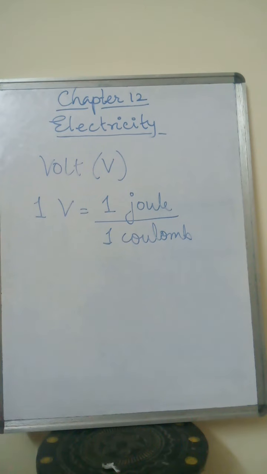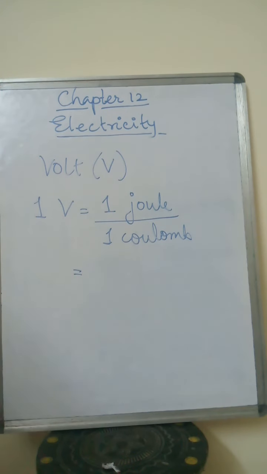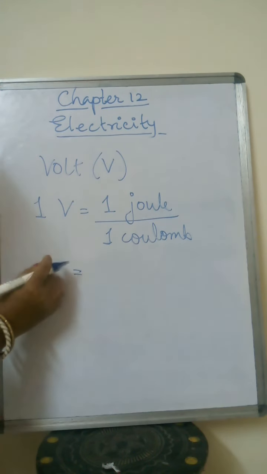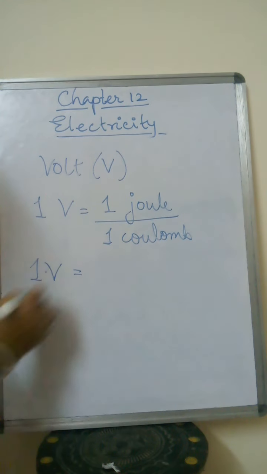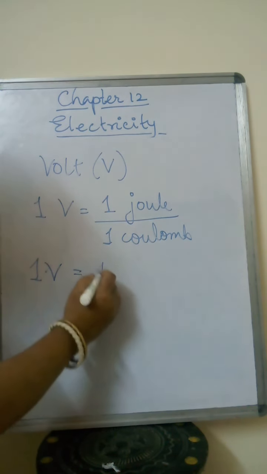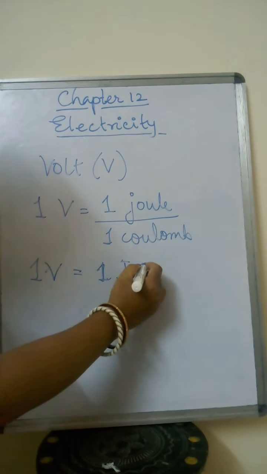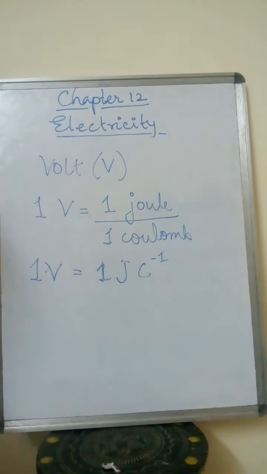We can also write it as 1 V equals 1 J C minus 1.